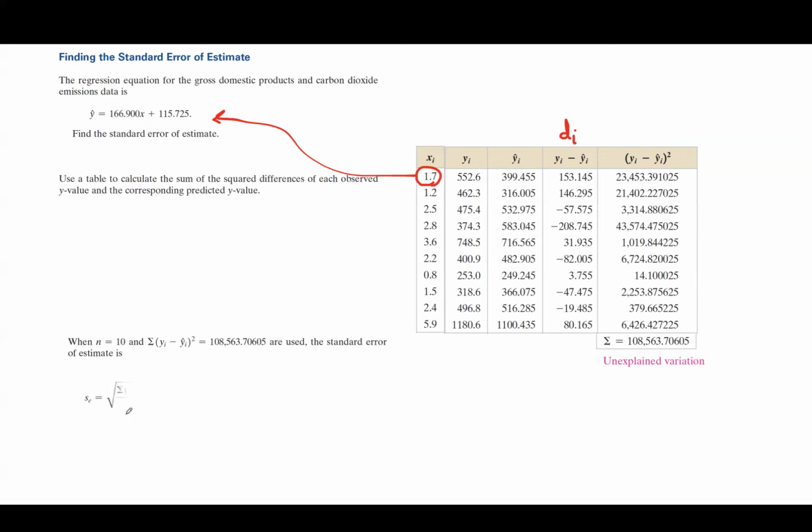S sub e is the square root of this quantity, which is your unexplained variation, divided by n minus 2, which is going to be 8, and then take the square root of it. This is our standard error of estimate. It's approximately 116.492.